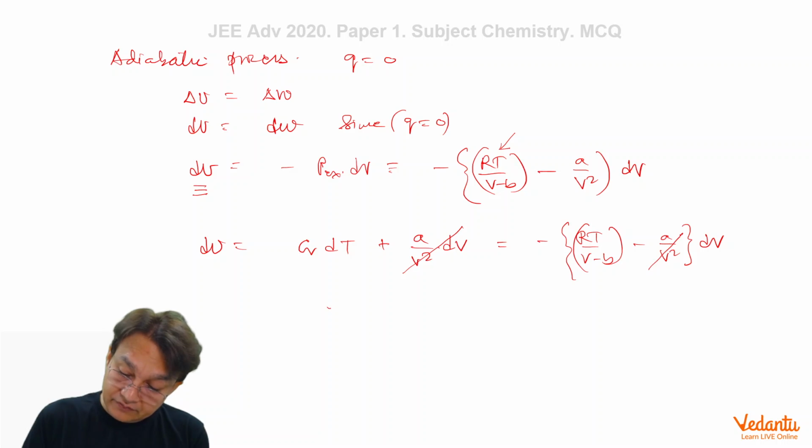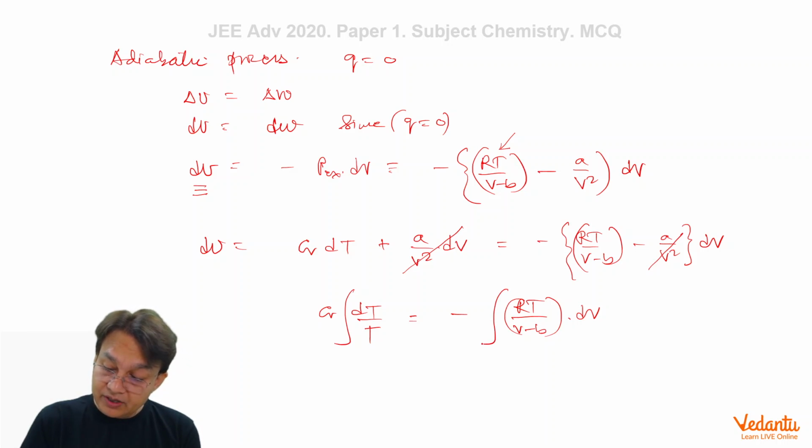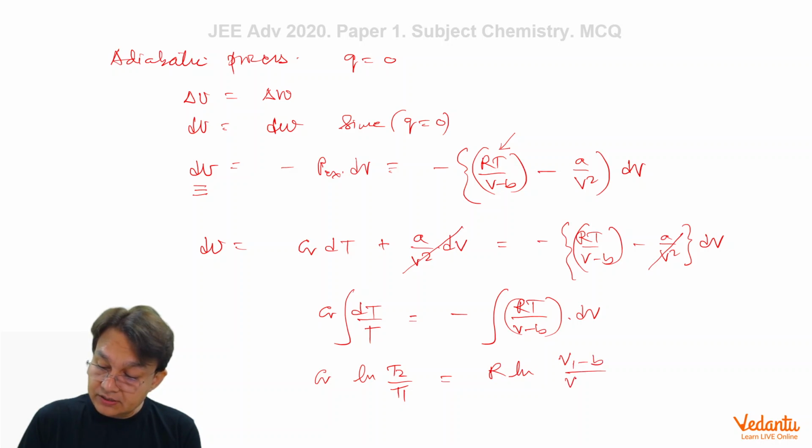We are left with Cv dT by T is equal to minus R upon V minus b into dV, and upon integrating with proper limits, we get an expression like this: Cv ln T2 by T1 is equal to R ln of (V1 minus b) by (V2 minus b).